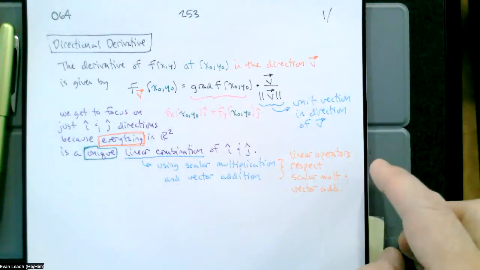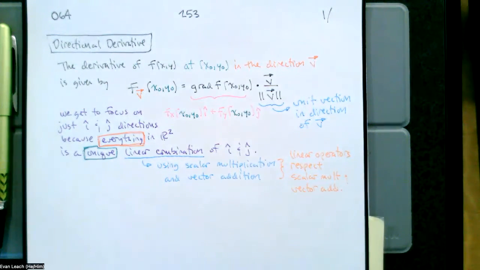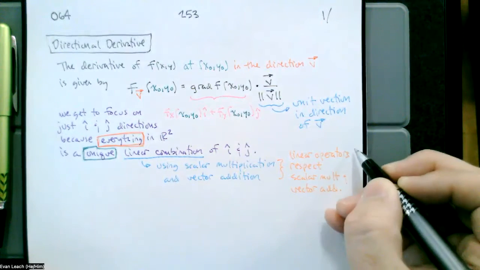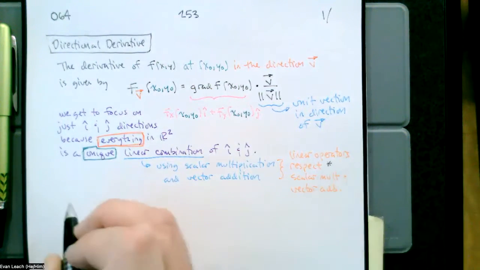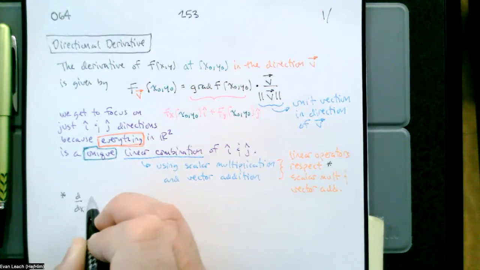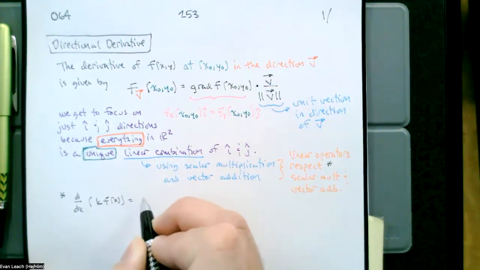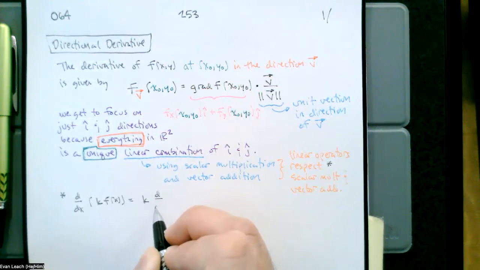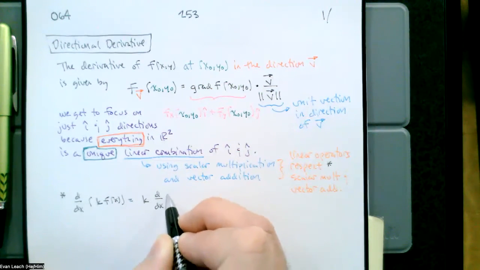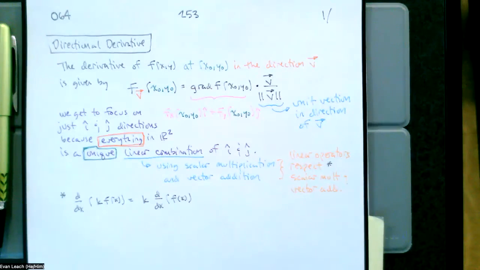So what we mean when we say linear operators respect scalar multiplication and vector addition is that the derivative of a constant times a function is that constant times the derivative of the function.